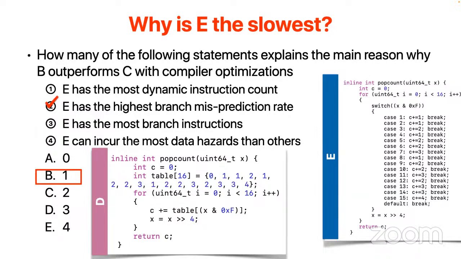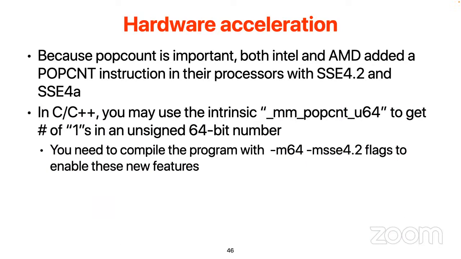But you might think, okay, is D the best implementation? Another thing that modern x86 processors like to do is this: if an algorithm is very frequently used, they would try to make it a hardware instruction or put a hardware accelerator on the processor.